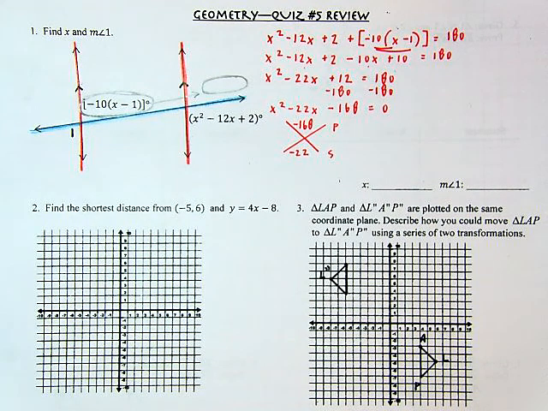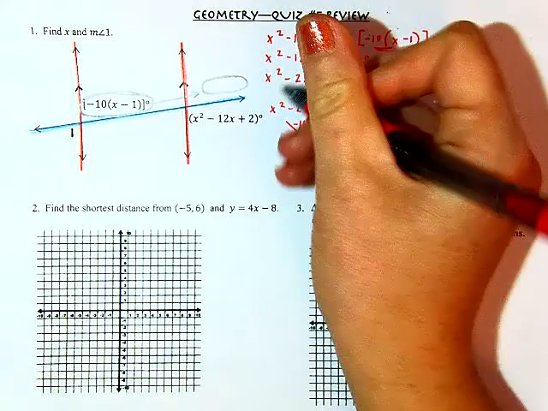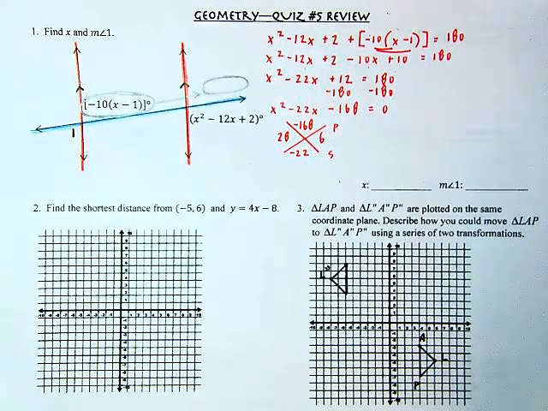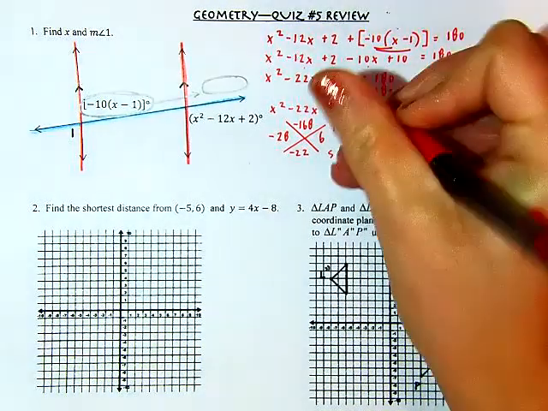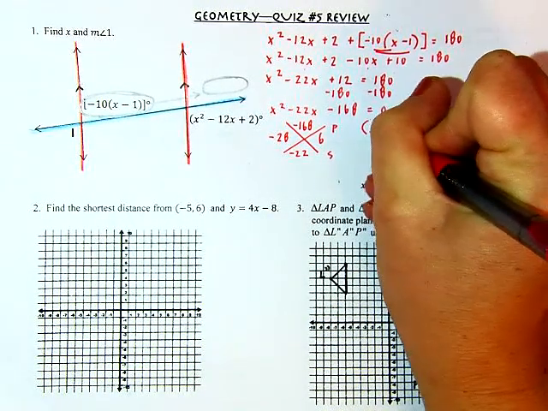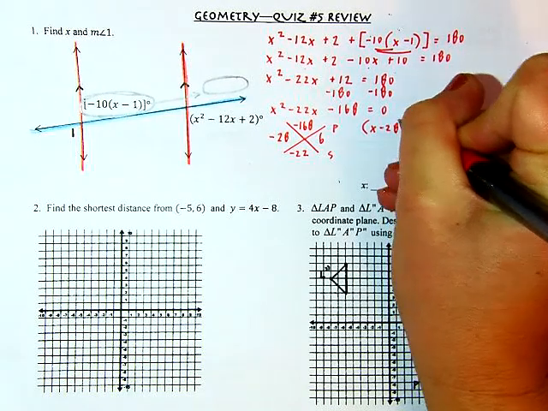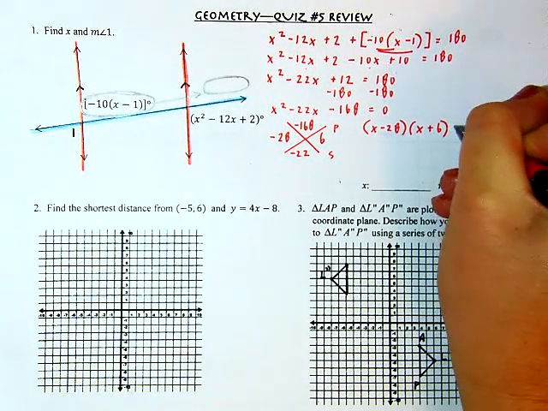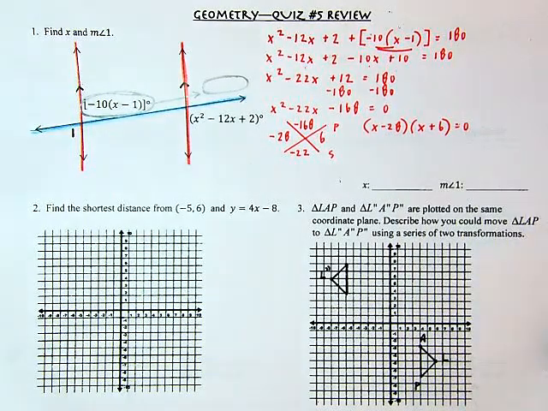So 1 times 168, 2 times 84, and then eventually I'll see, oh, it's 28 and 6, and it has to be the 28 that is the negative. So this factors into x minus 28 times x plus 6, all equal to 0.